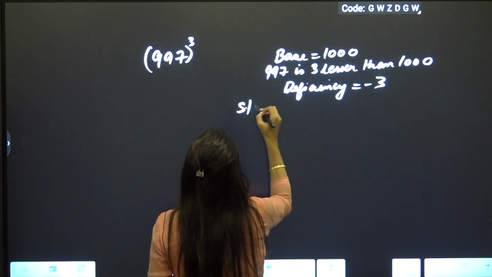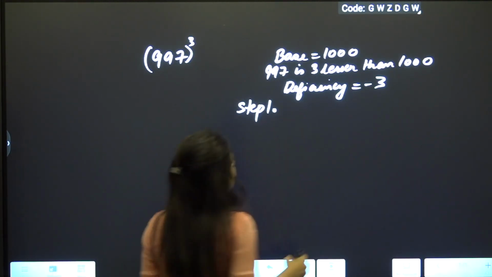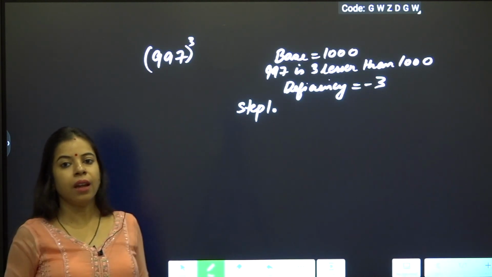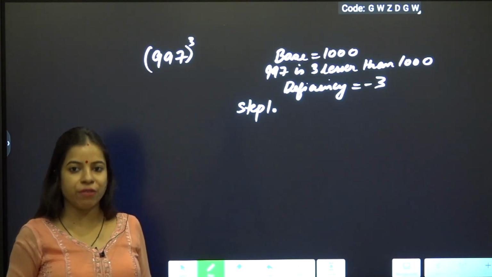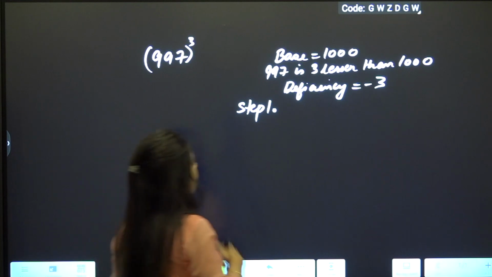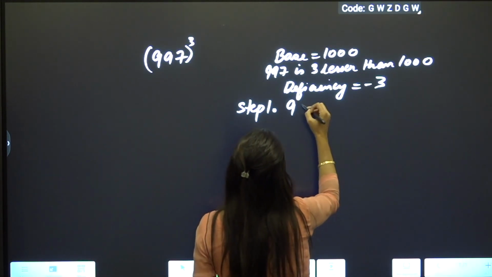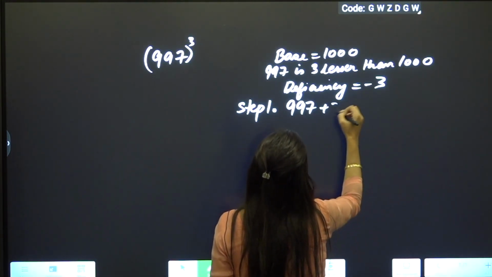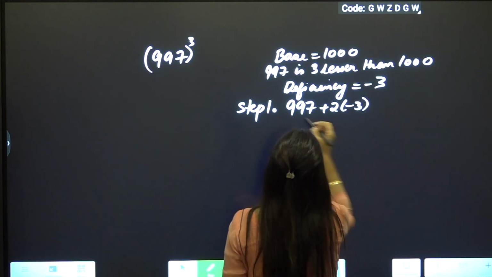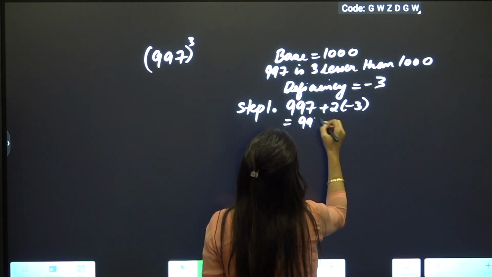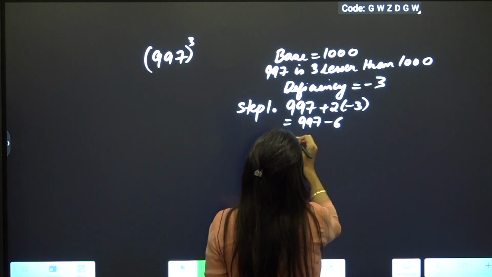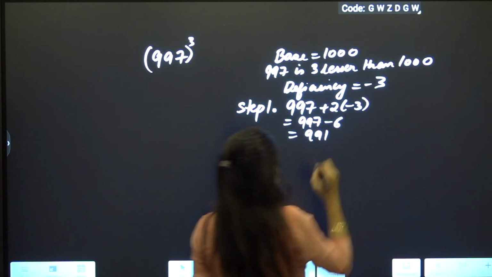Step 1 is, we are going to add the twice of deficiency to the given number, that is 997 plus 2 into -3, which is 997 minus 6, which is 991.